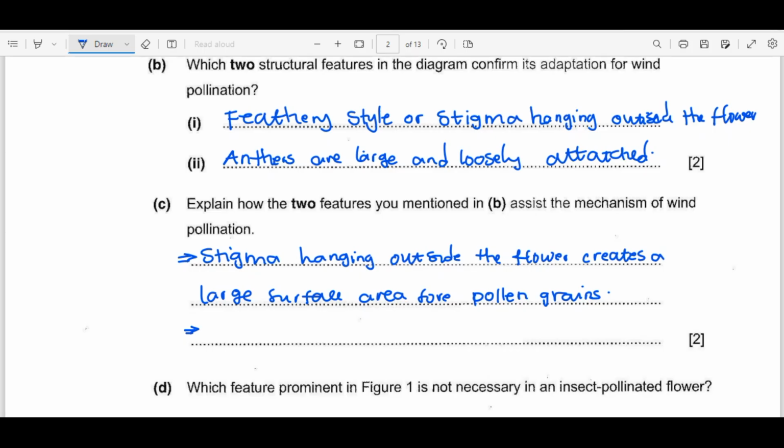Then in terms of the anther being large and loose, any slight movement of the wind will make the pollen grains fall on the stigma.